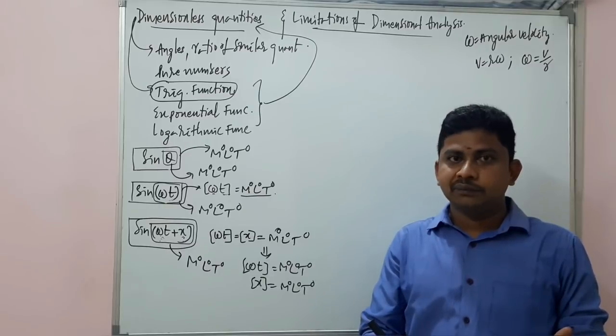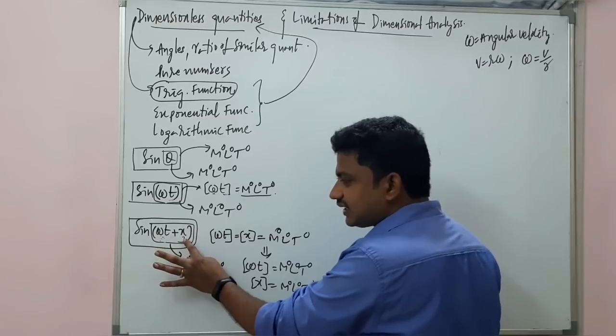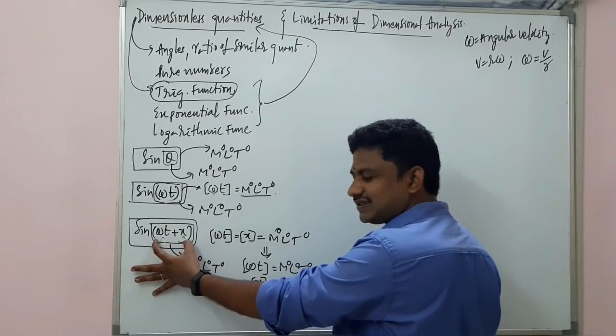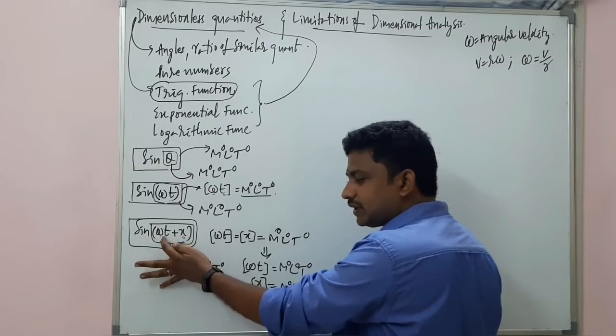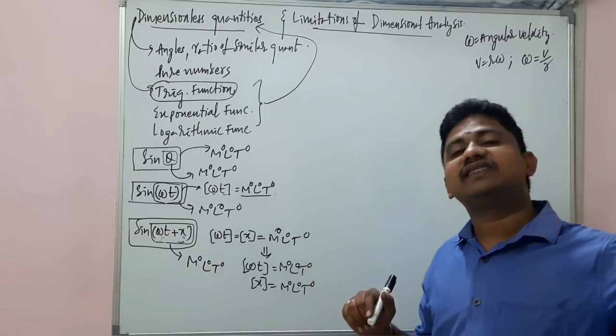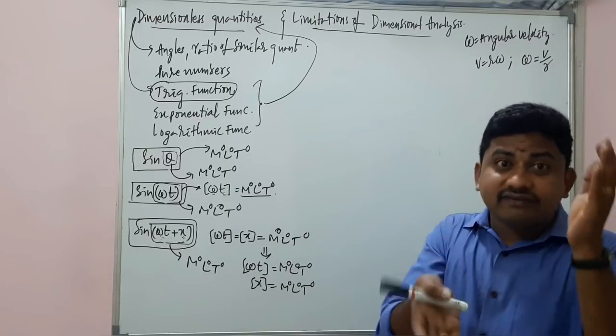Right? Try to understand. Sine of omega t plus x. So this omega t plus x will not have any dimensions. That means these two need to have the same dimensions because there is an addition going on. According to dimensions, wherever there is an addition or subtraction going on, they must have the same dimensions.